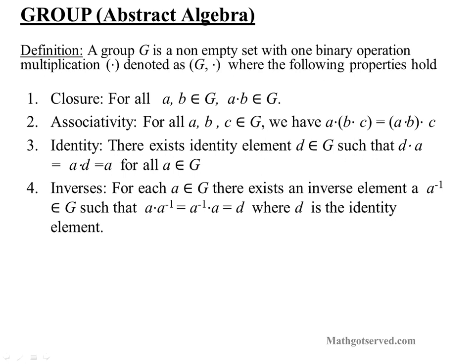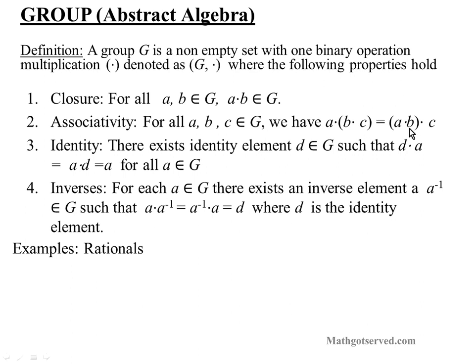Now, what are some examples of groups? An example of a group is the rational numbers. The set of rational numbers can be denoted by capital letter R. So if you think about all the rational numbers that exist, do they satisfy the associative property?